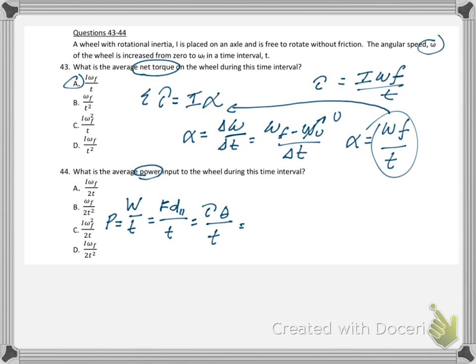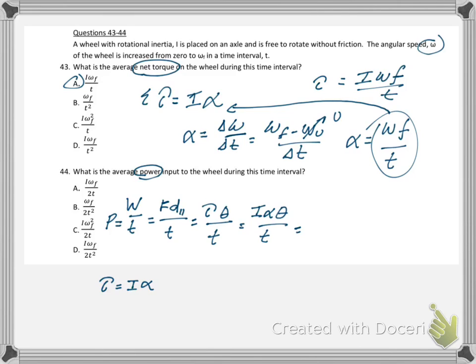We also know that tau is equal to moment of inertia times acceleration, so we can put that in there. And what else? We have to get rid of this theta.